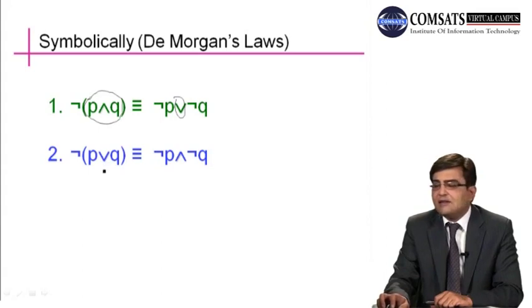Similarly, in the second law, if we operate the negation on the disjunction of two propositions, then this disjunction will be converted into conjunction, and the two propositions will be negated separately.